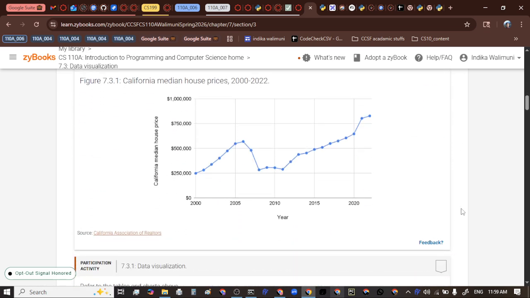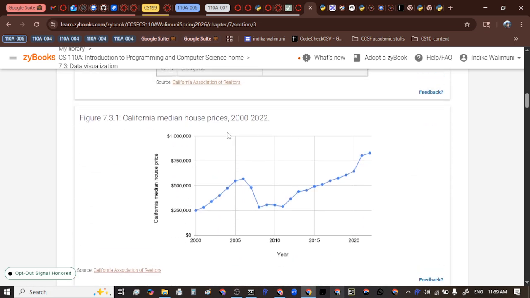But if we use a scatter plot like this, now it's actually telling a story, right? What's the story here? From 2000 to a little past 2005, it went up, then it took a big dip, then it sort of stayed the same for a little while. What happened? Market crash. Yeah, the housing bust, right? It happened in the United States and dragged down the entire world in the end.